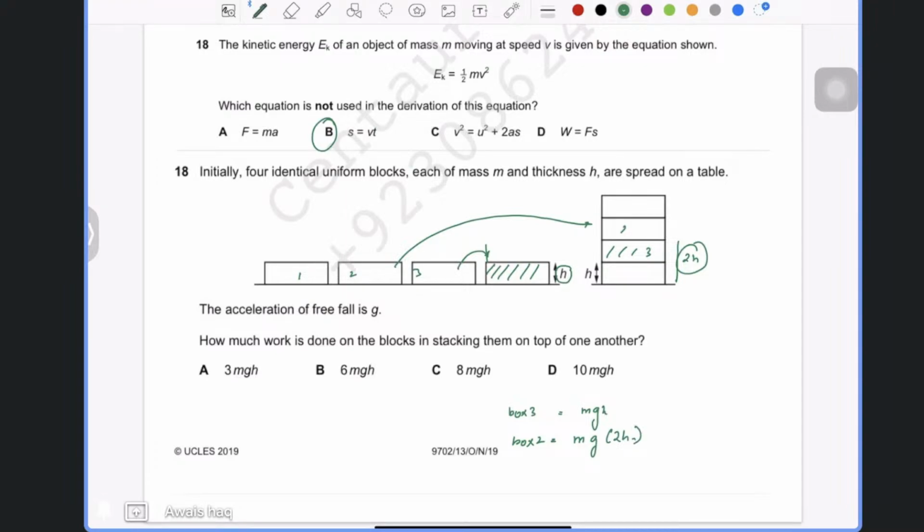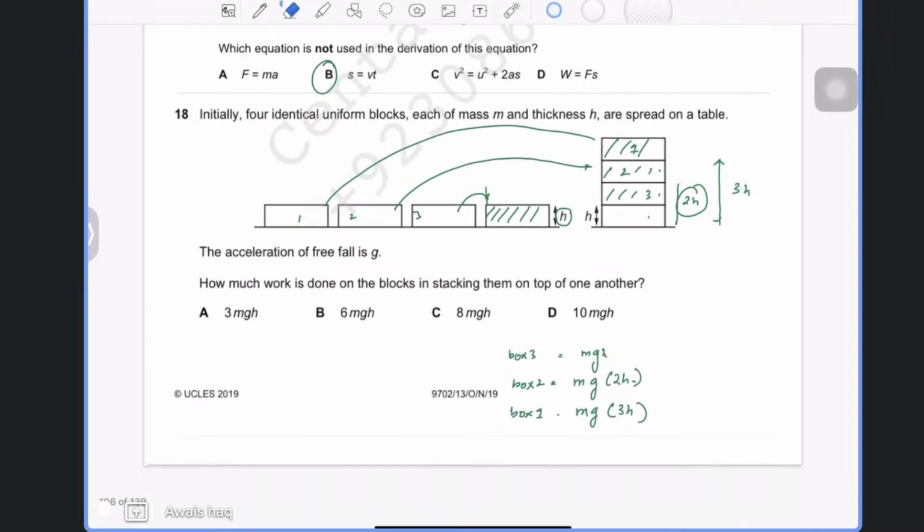Okay, I've stacked 2 as well. And now when I stack the next one, I have to go this much height, 3h. So for that one, I have to do work mg times 3h. I did work on 3 of them, not 4 of them, because the 4th was already there.